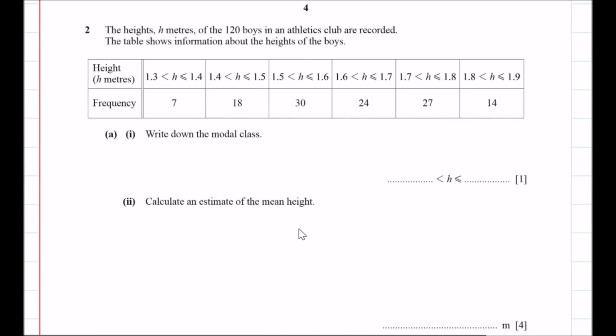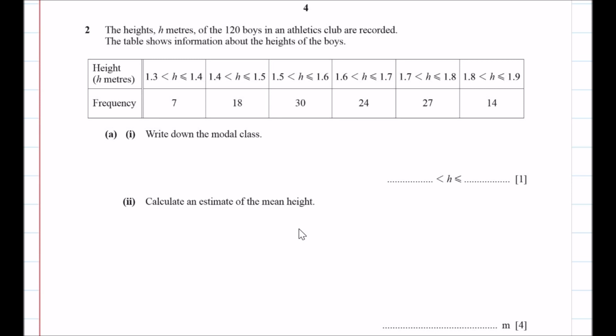Now question number 2. It says the heights h meters of the 120 boys in an athletic club are recorded. The table shows information about the heights of the boys, height in meters and frequency. So in this table we have the data. It is asking to write down the modal class.